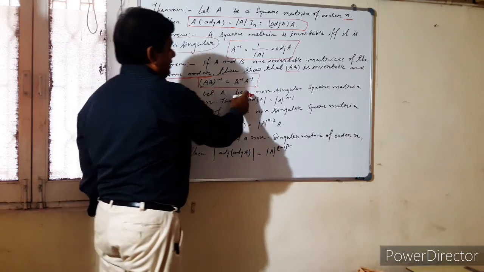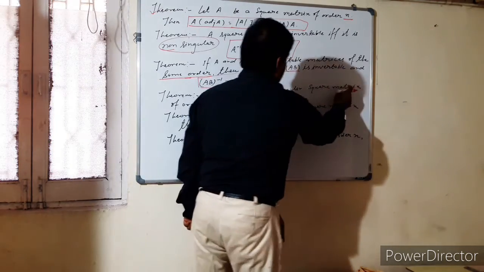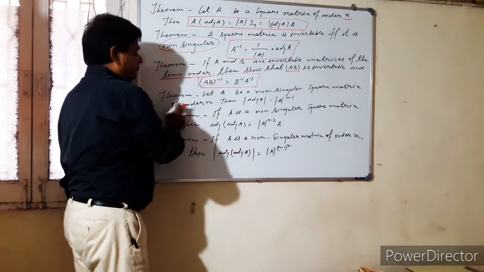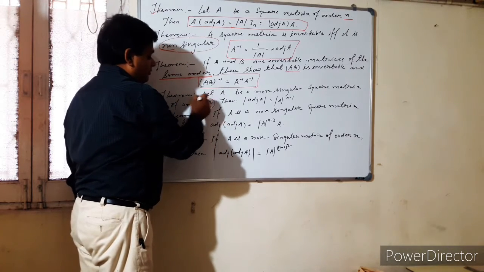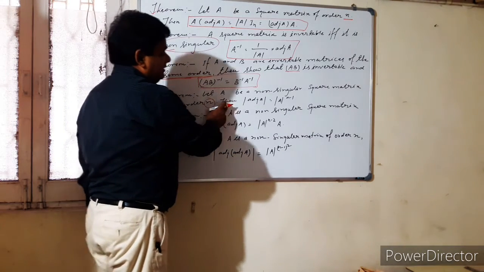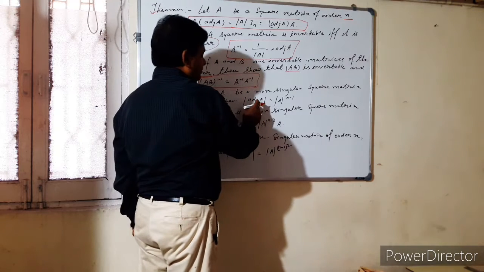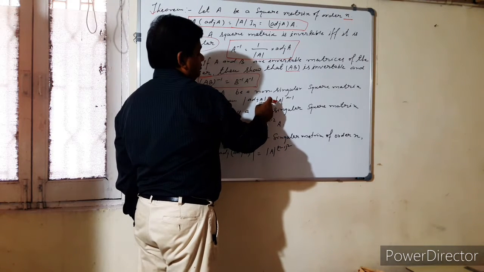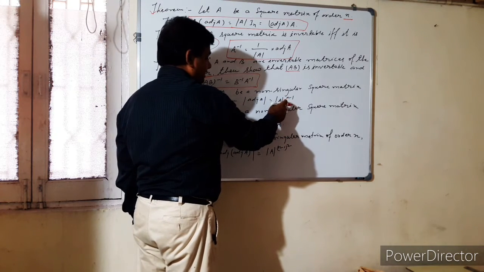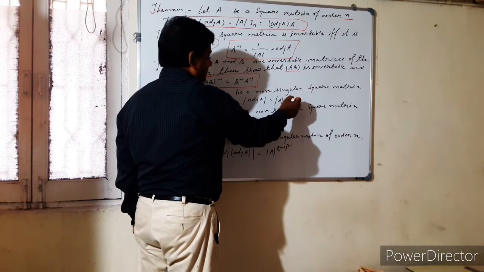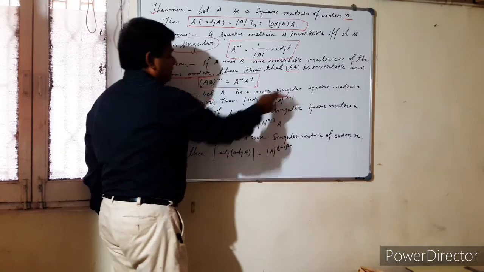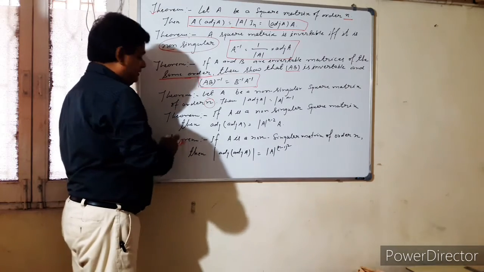Let A be a non-singular square matrix of order n, then determinant of adjoint A is equal to determinant A raised to the power n minus 1. Very important formula this one.